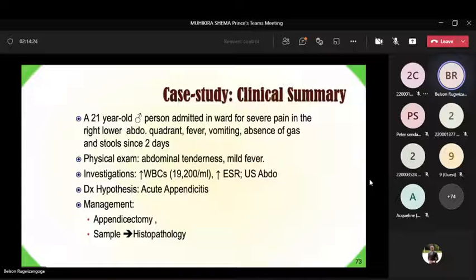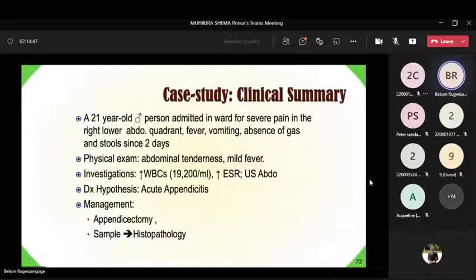There was an increase in erythrocyte sedimentation rate, what you call in French vitesse de sédimentation, which is a sign that there is a generalized inflammation in the body. So there was also ultrasound of the abdomen to see what is happening. So after all this, they said this should be acute appendicitis.